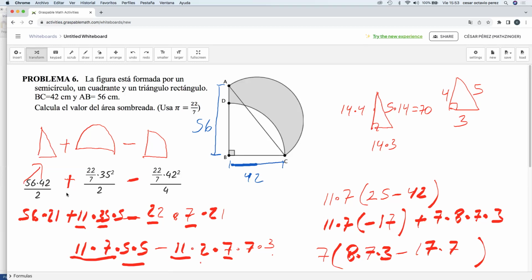21 por 8. 8 por 2, 16, 68. Menos 17 por 7. 7, 49. I think that this is right.